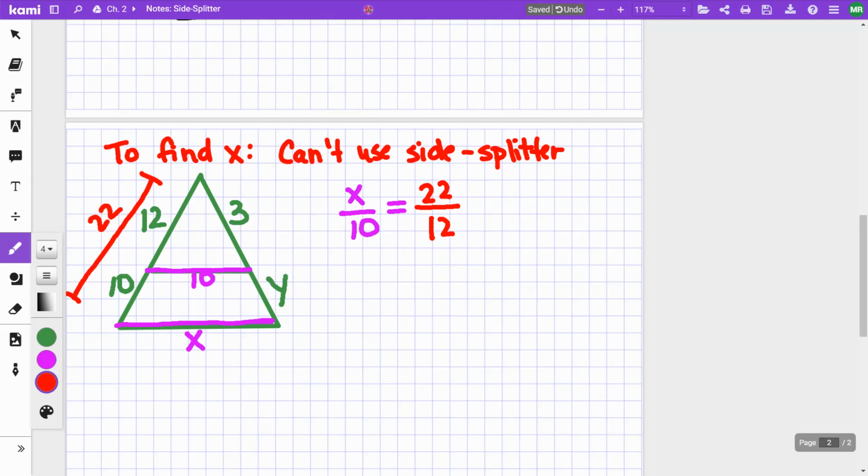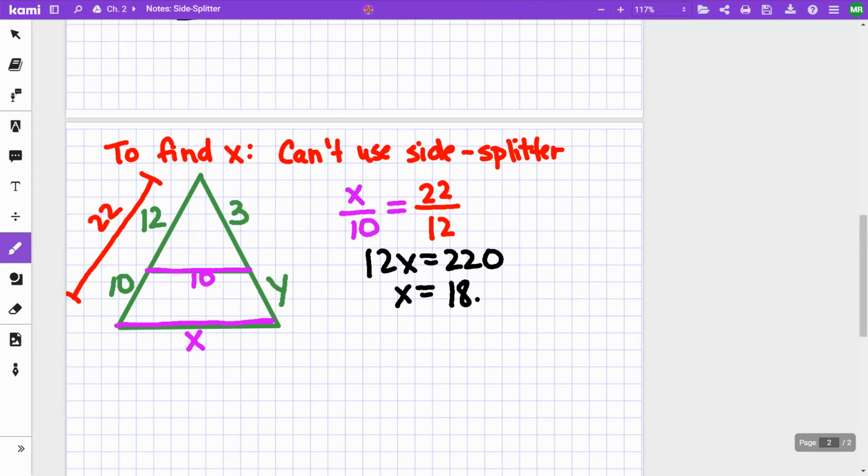And then I can cross multiply and solve. When I do that, I get 12x is equal to 220. I divide both sides by 12 and I get 18.3 repeating. My answer for this better be bigger than that 10 because this is in the bigger triangle. And it is. And that's the end of our notes.